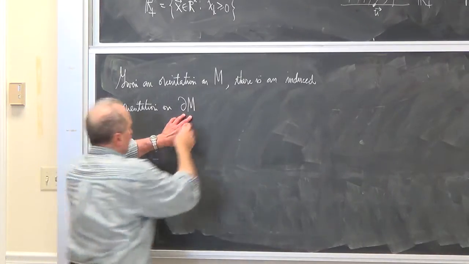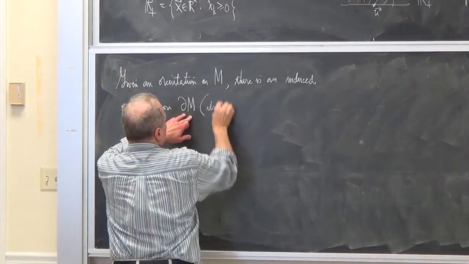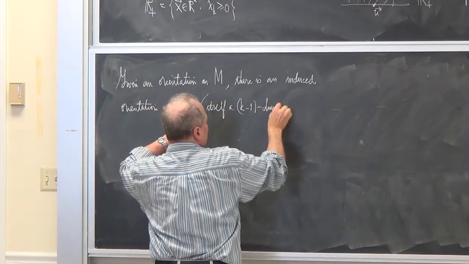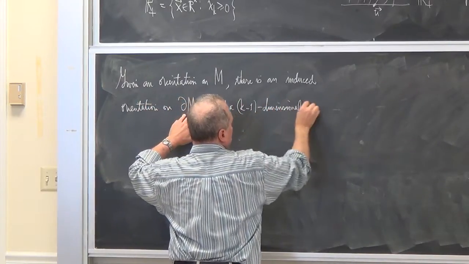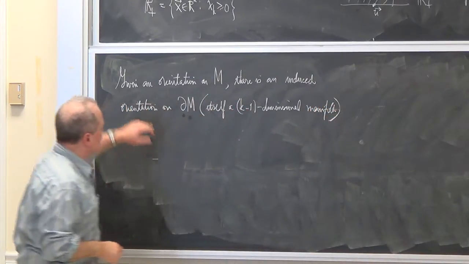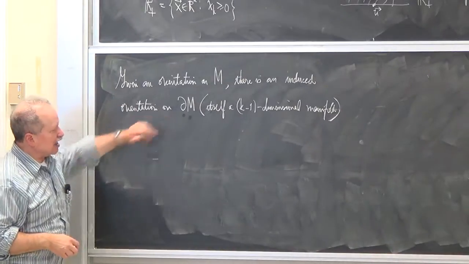So the boundary of M, which is itself a k-1 dimensional manifold. I haven't stopped to prove that. But if you know how to orient M, here's how you orient the boundary.